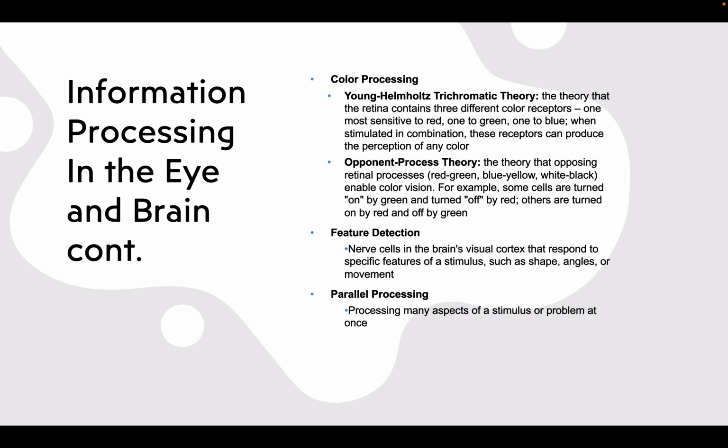And so on page 144 at the top, there's an image that really shows what parallel processing is. It's an image of a bird, and the first image shows motion, how we see that, and then it shows the form, which is just an outline of the bird, and then depth, which shows how we're able to see which wing is farther away and which one is closer, and then color.